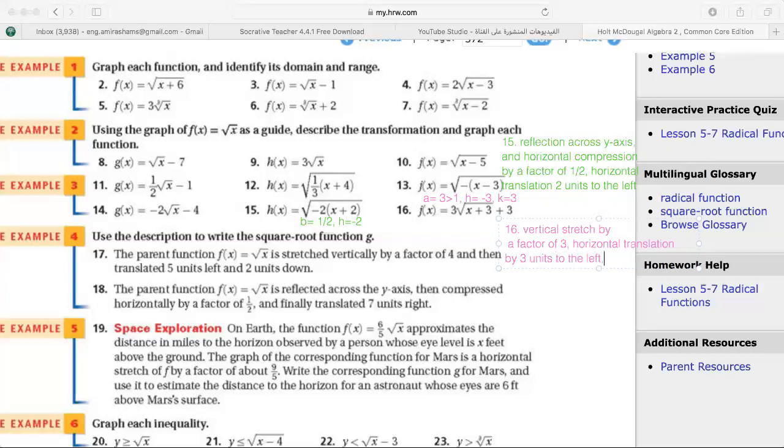And vertical translation, k is positive, so it will be up.